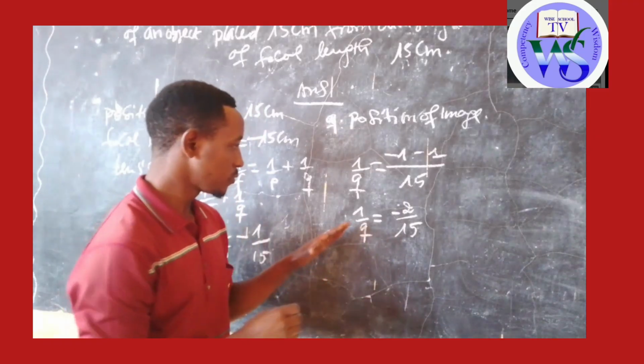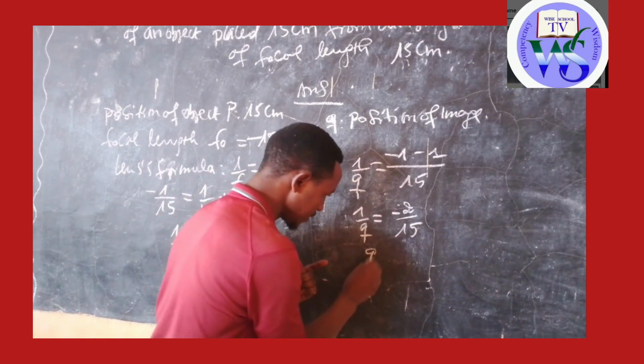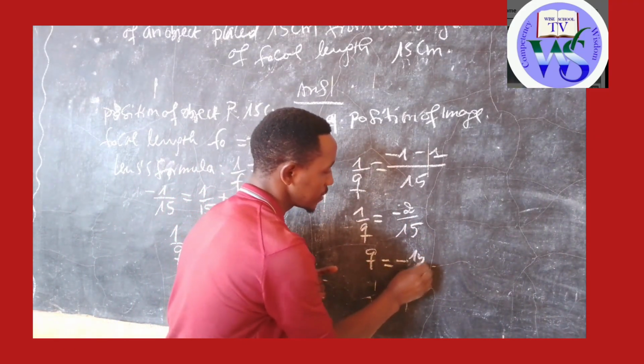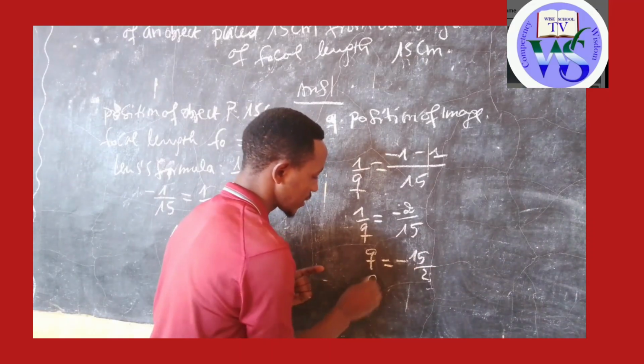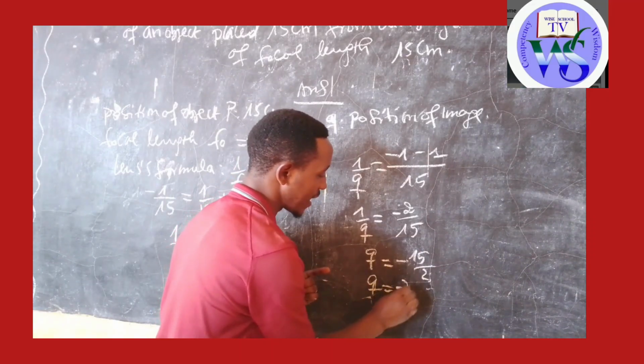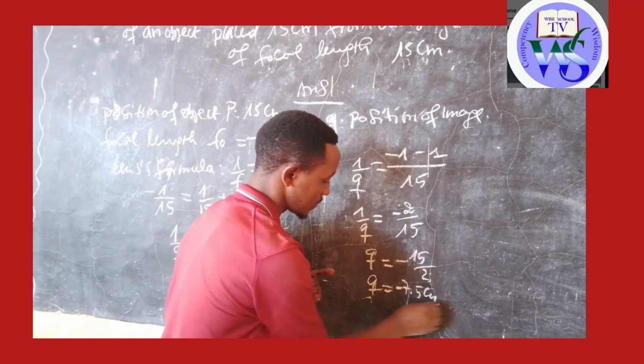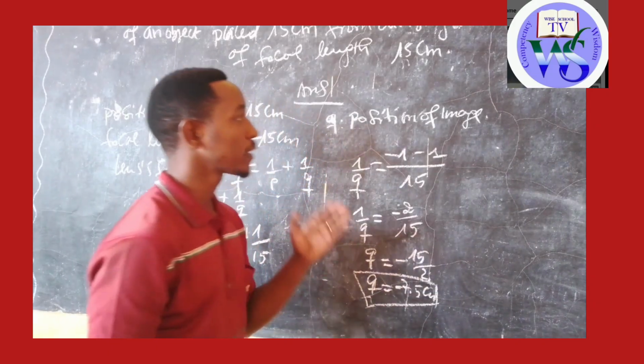When you invert, Q is equal to minus 15 over 2. Then Q is equal to minus 7.5 centimeters. This is the value of Q.